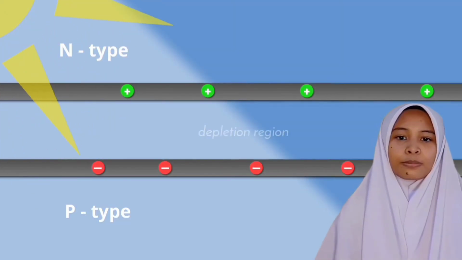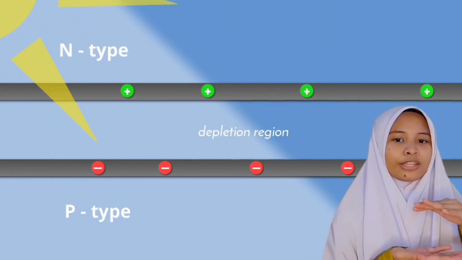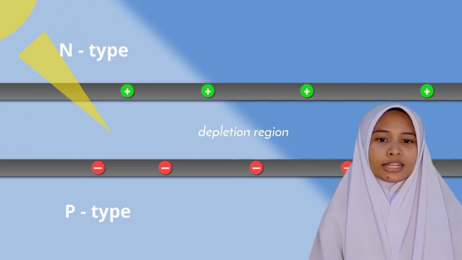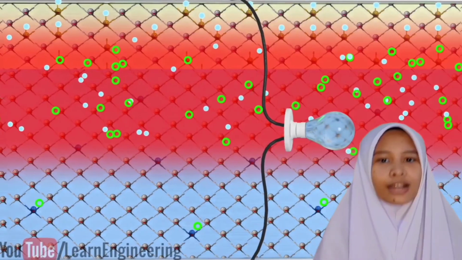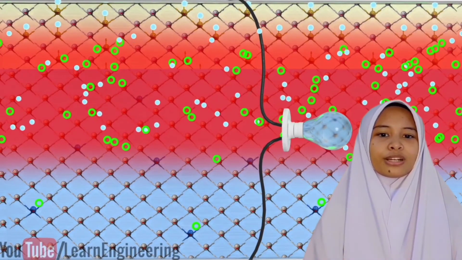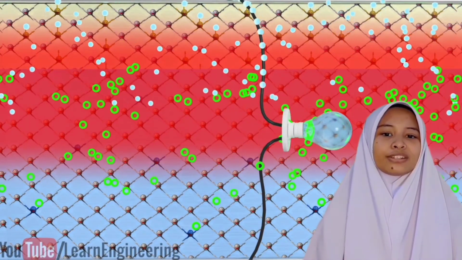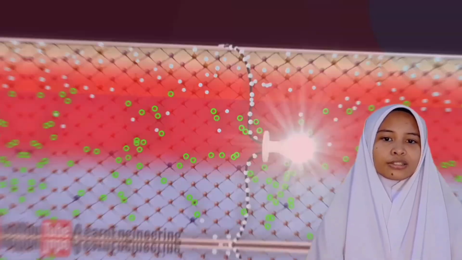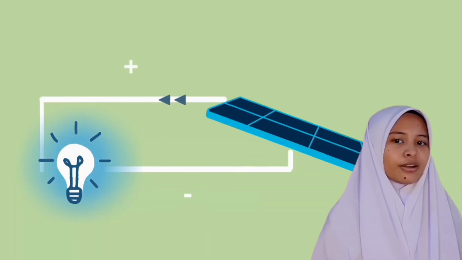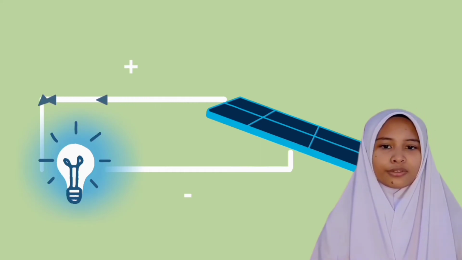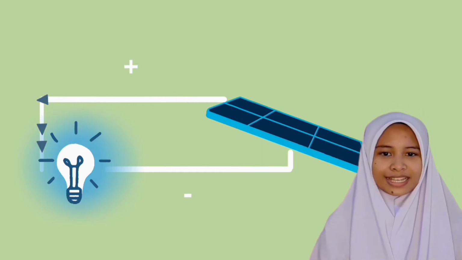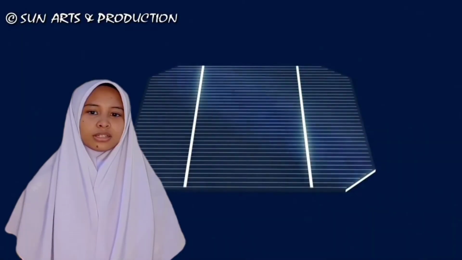For solar cells, a thin semiconductor wafer is specially doped to form an electric field, positive on one side and negative on the other. When light energy strikes the solar cell, the electrons are knocked loose from the atoms in the semiconductor material. If electrical conductors are attached to the positive and negative sides, forming an electrical circuit, the electrons can be captured in the form of an electric current, that is, electricity.